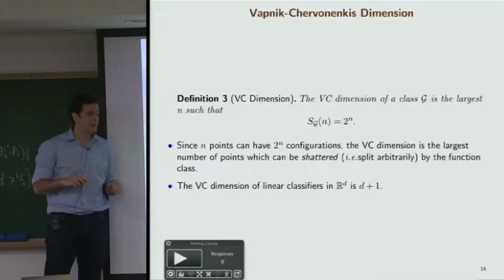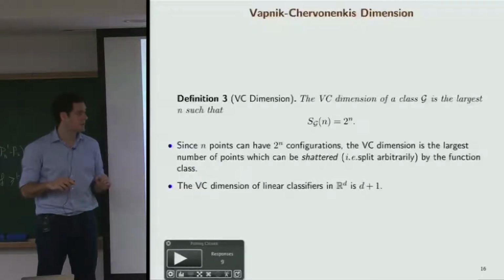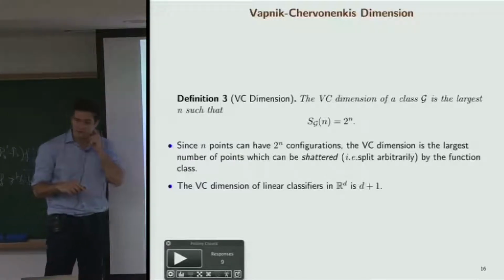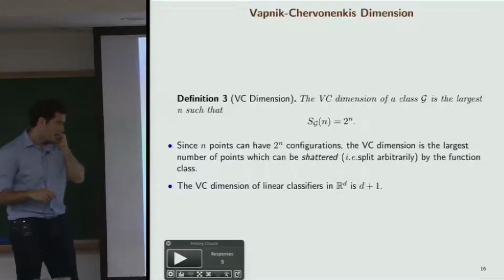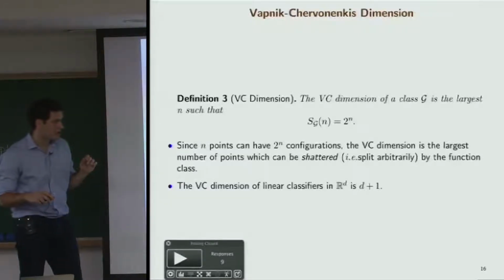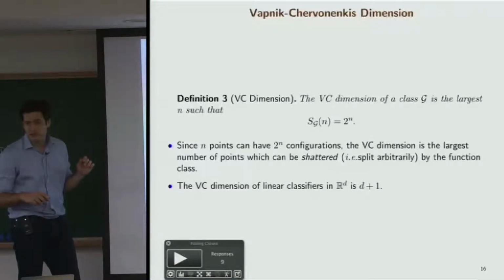So the VC dimension, the Vapnik-Chervonenkis dimension of a class of functions G, is the largest n such that S_G of n is equal to 2 to the power n. Since n points can have 2 to the power n configurations, the VC dimension is the largest number of points which can be shattered, like split arbitrarily with respect to any labeling by the function class.